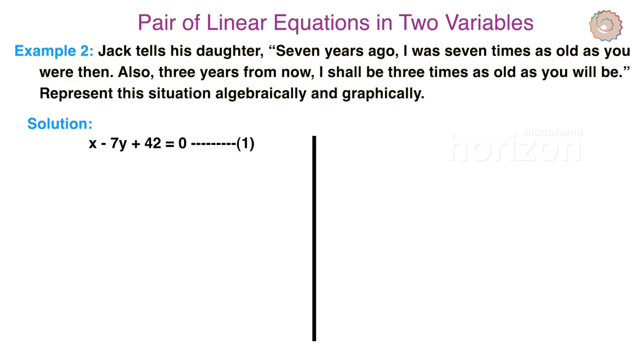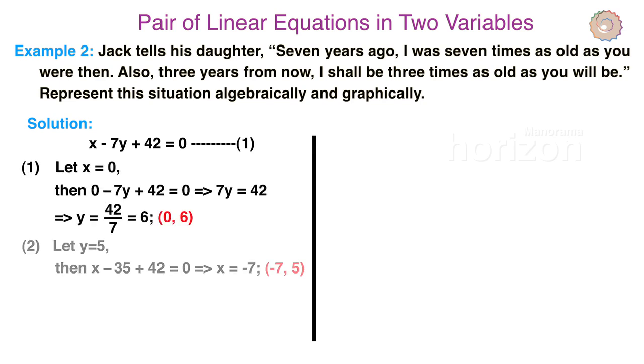Consider the first equation, x minus 7y plus 42 equal to 0. Let's find two solutions, that is 0, 6 and minus 7, 5. Now consider the second equation, x minus 3y minus 6 equal to 0.